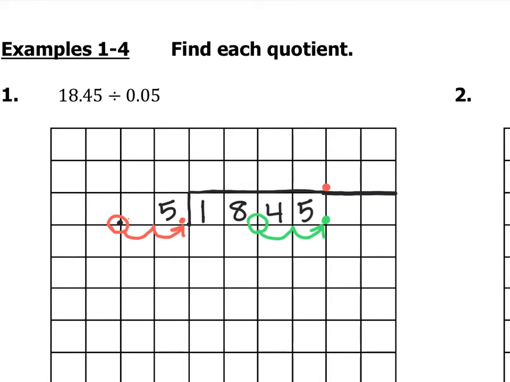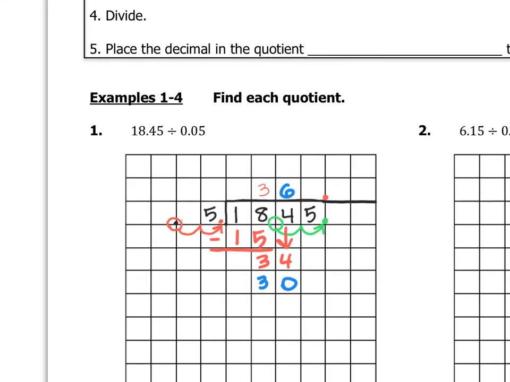So now I'm going to take 5 into, I can't take 5 into 1, so I'll take 5 into 18. 5 goes into 18 3 whole times. So I'm going to place a 3 here and multiply. 3 times 5 is 15. I subtract, and I get 3. Now I can bring down this 4, and I can take 5 into 34. 5 will go into 34 6 whole times. 6 times 5 is 30.